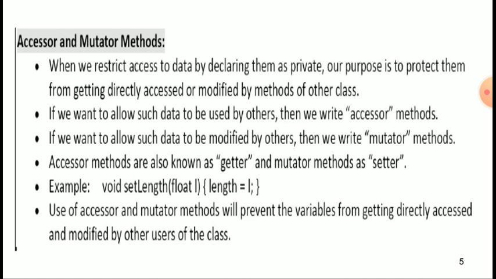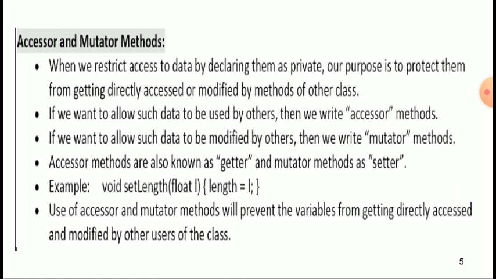If we want to allow such data to be used by others, then we write an accessor method. If we want to allow such data to be modified by others, then we write a mutator method. So that is the accessor and mutator. Accessor methods are also known as getters and mutator methods as setters.